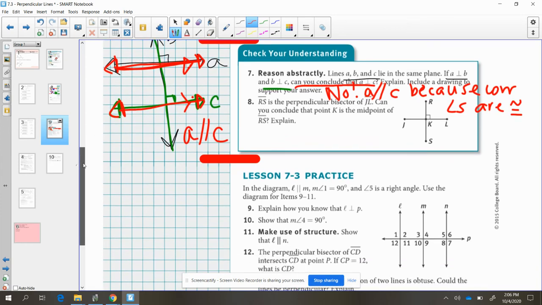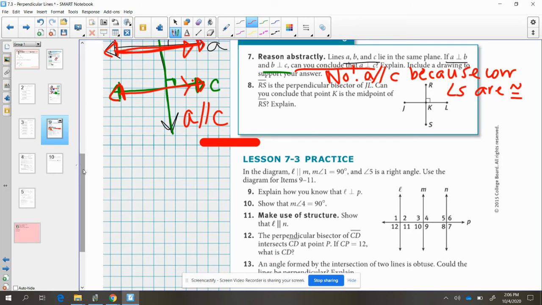Then down here for number 8, they're telling us that RS is the perpendicular bisector of JL. So it's cutting JL in half. Can we also say that K is the midpoint of RS then?